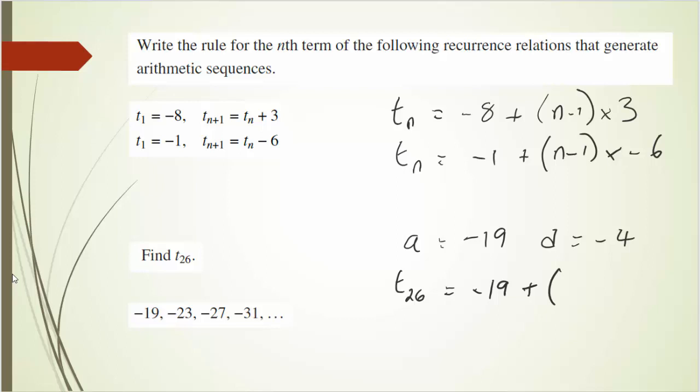Well, if we're finding the 26th term, then n minus 1 is 25 times your difference of minus 4. And we can work that out. First of all, clear the brackets. Minus 19, 25 times negative 4 is negative 100. That's minus 100. So T26 of that sequence is minus 119. And set out your answers like that.